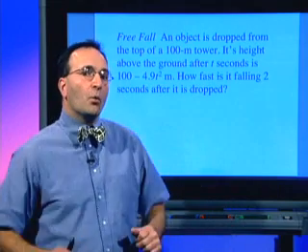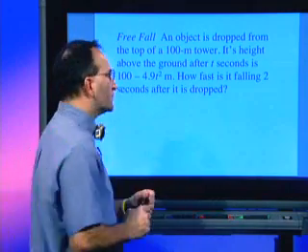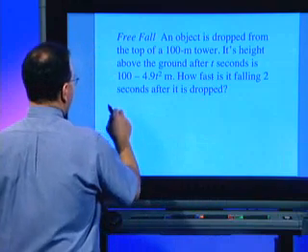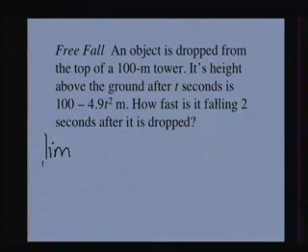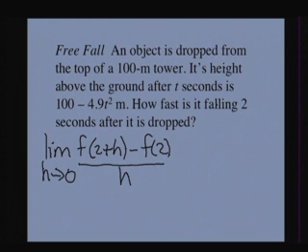All right, so we have to apply that same formula to the problem that I gave you. So what we're looking for is the limit as h goes to 0 of f of 2 plus h minus f of 2 over h. The formula I gave you was 100 minus 4.9 times t squared.